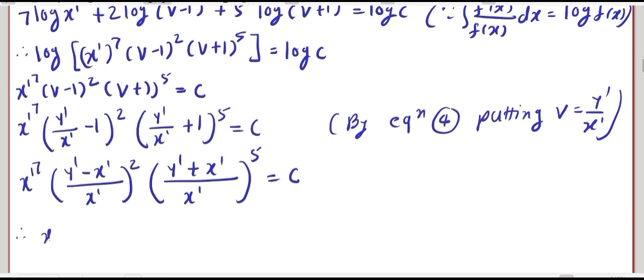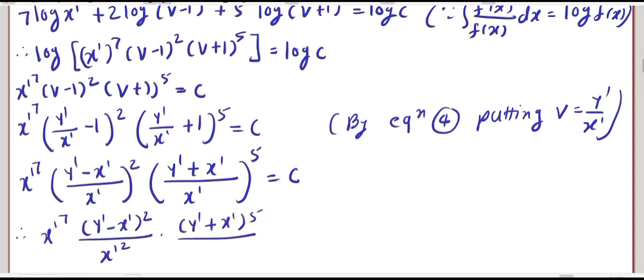So therefore x' raised to 7 into (y' - x') square divided by x' square into (y' + x') raised to 5 divided by x' raised to 5 equal to c.